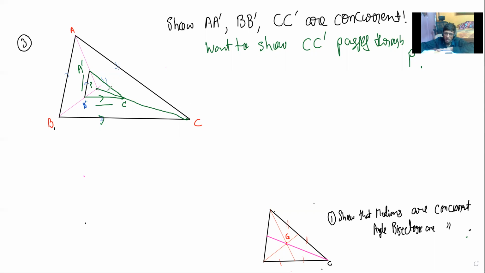That is the property of this line. It's a little confusing to say.